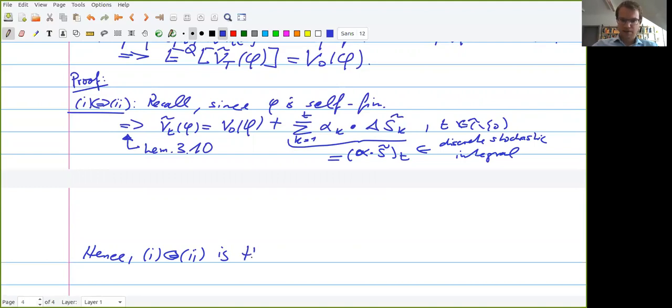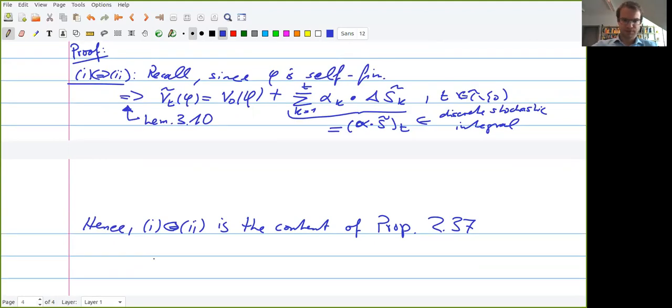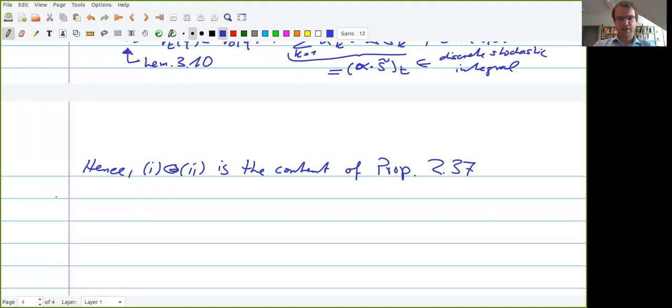This is the content of Proposition 2.3, which told us that the integrator is a martingale if and only if the corresponding discrete stochastic integral is a martingale for all predictable and bounded integrands. That's good, because we have already done all the work we need, so we can go to the next step.